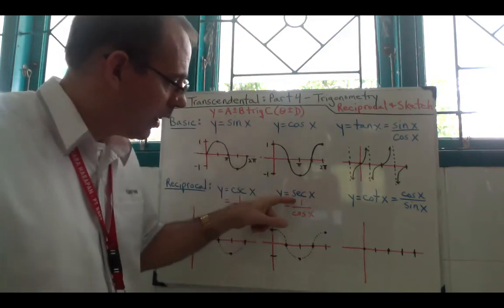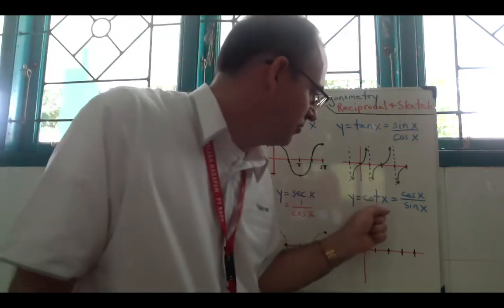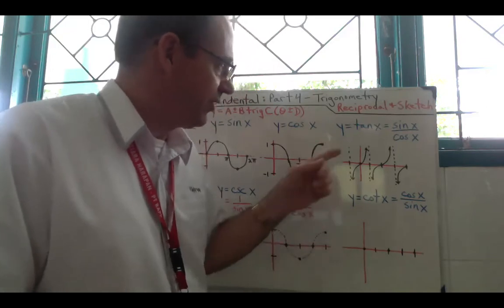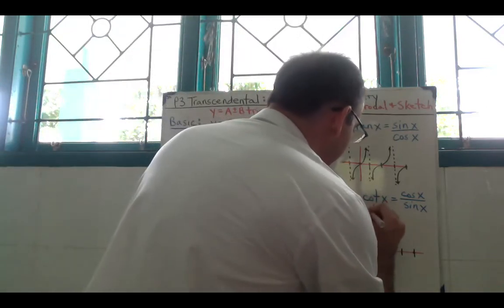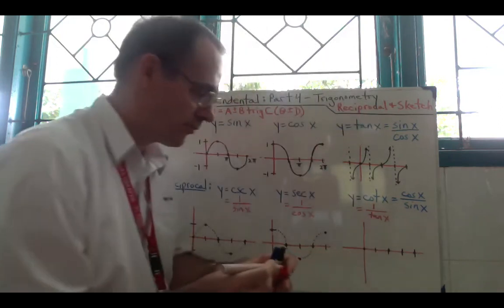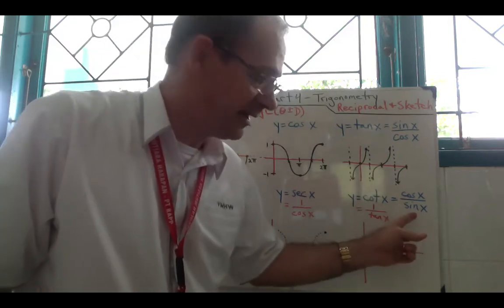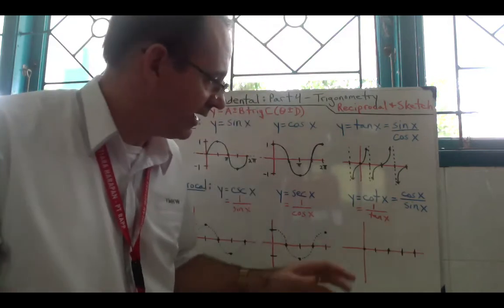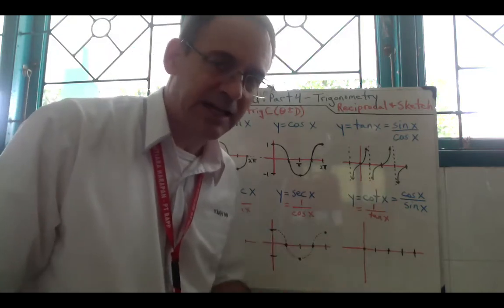So it is 1 over cosine x. And cotangent is the reciprocal of tangent. You could write that in here if you wanted to: 1 over tan x. And usually you can also write it with respect to sine and cosine. It would be cosine x divided by sine x.